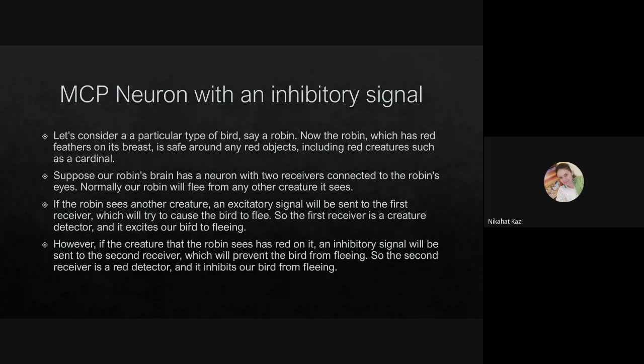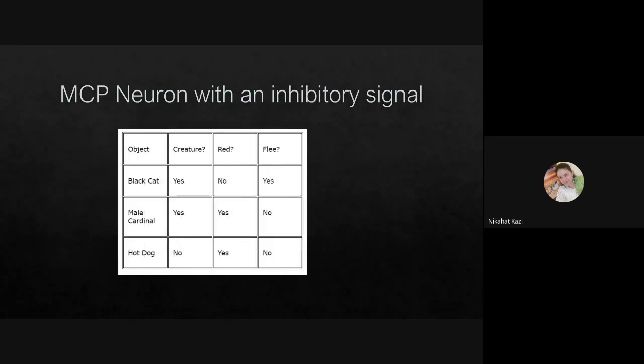So the first input is an excitatory input. The second is inhibitory. Okay, creature detector and red detector, these are the two inputs that are there. So we have this kind of scenario where these three objects are given. There's a black cat, a hot dog, and a male cardinal, so another robin.